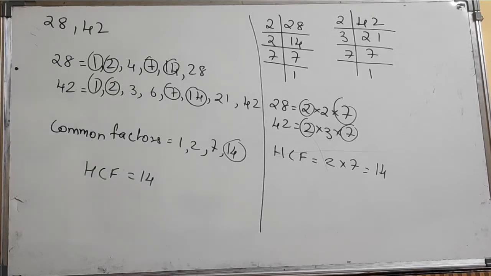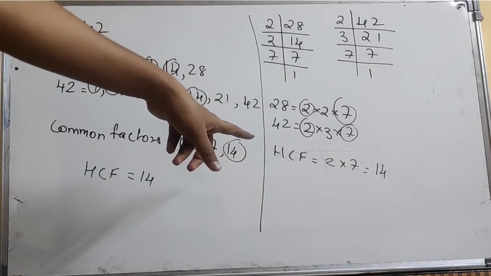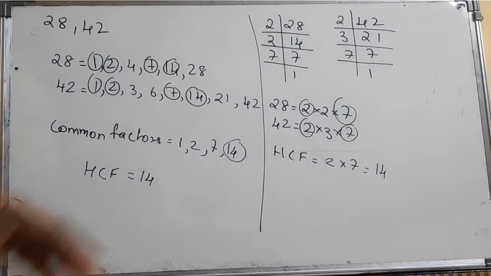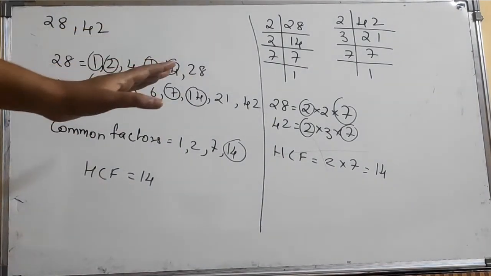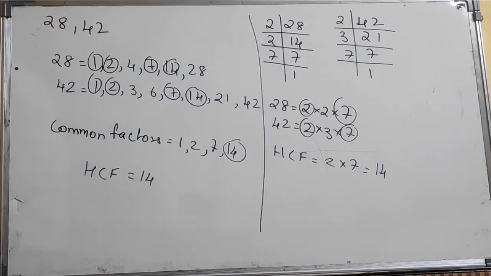See students, this is the method used in 6th standard and this is the method used now. We are going to find all the HCFs using this method, and I think this is much easier than the earlier method. So let us solve some more examples using this method.